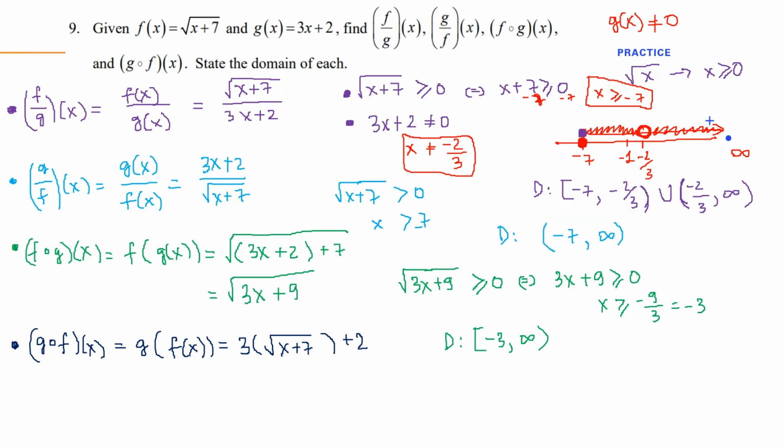So in this case, we only care about the square root of x plus 7. It has to be greater than or equal to 0, so x is greater than or equal to negative 7. So the domain will be bracket negative 7, comma, infinity, parenthesis.